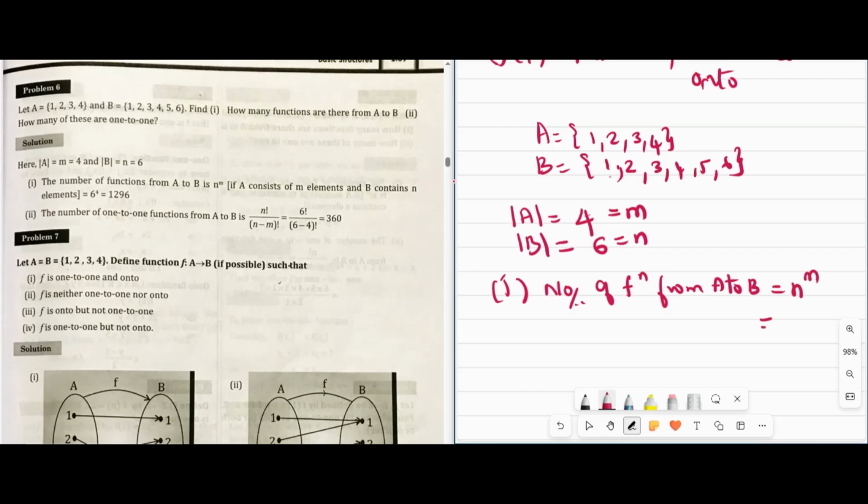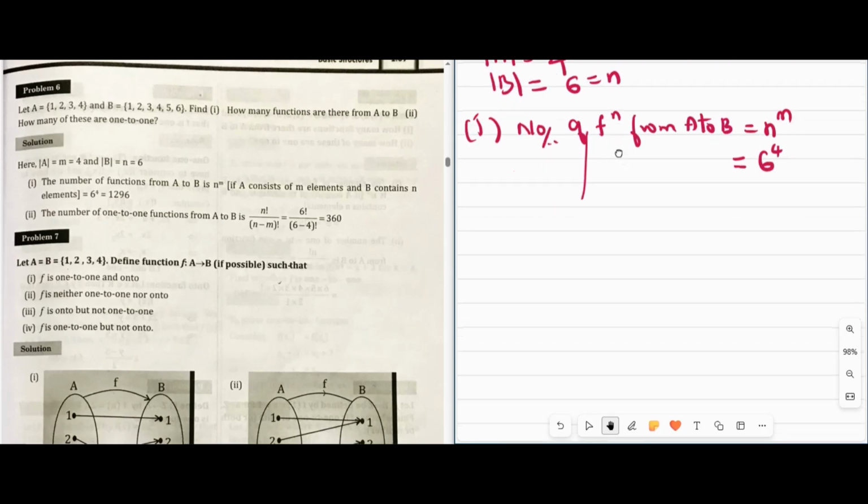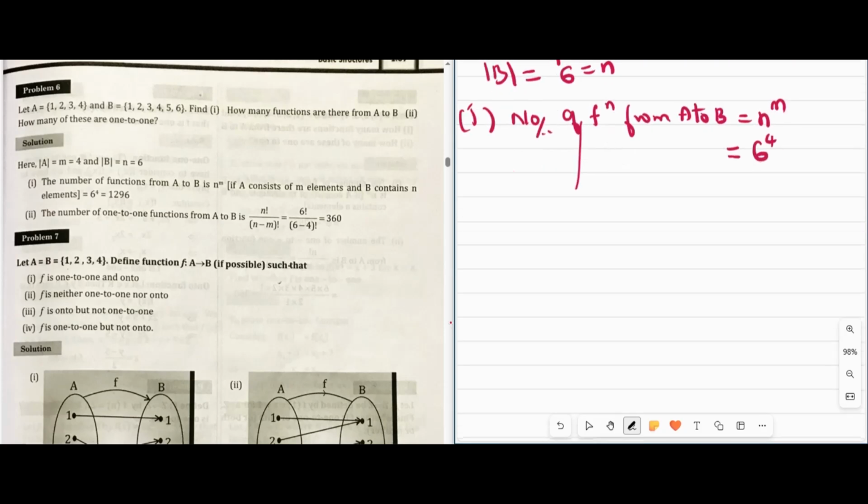That will be 6 to the power of 4, which means 6 into 6 into 6 into 6. If you multiply, you get 1296.